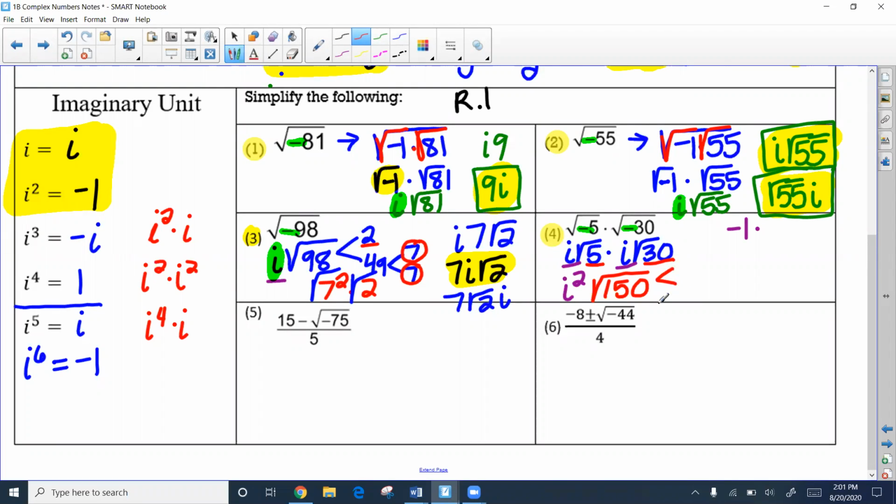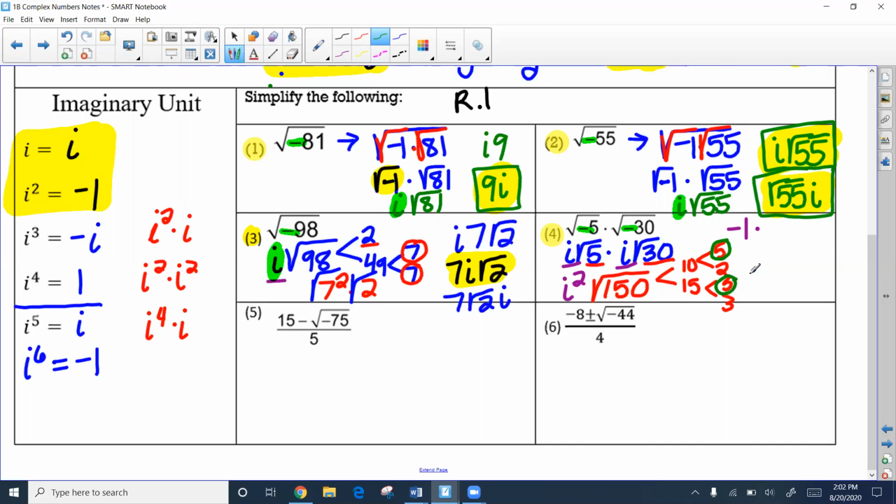So I'm going to find some factors of 150. Let's see, I can use 10 and 15. Neither 10 nor 15 are prime. So 10 can break down more to 5 times 2, and 15 can break down more to 5 times 3. Okay, and remember with square roots, we're looking for pairs or squares.